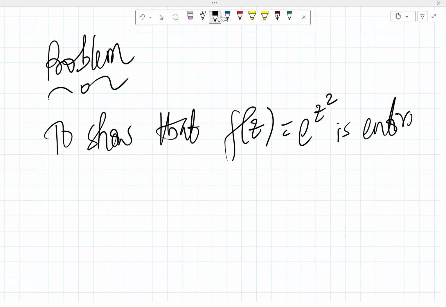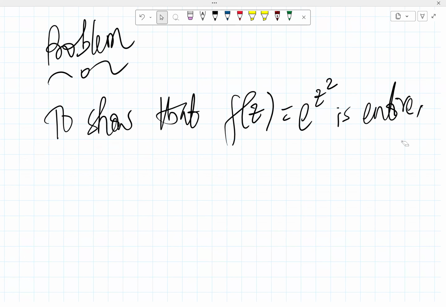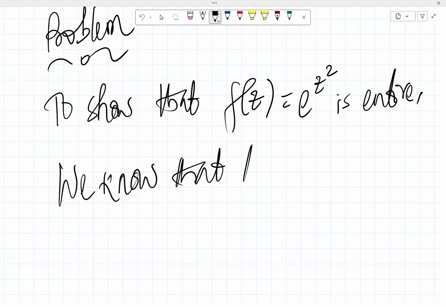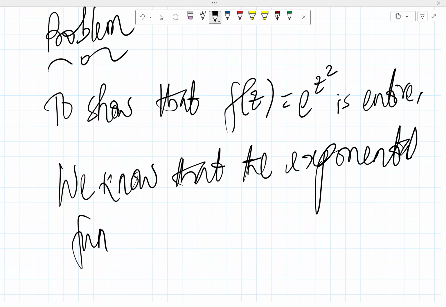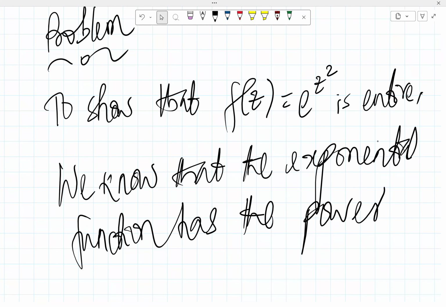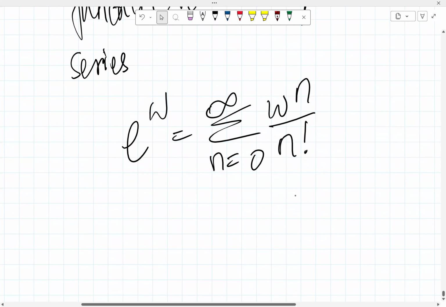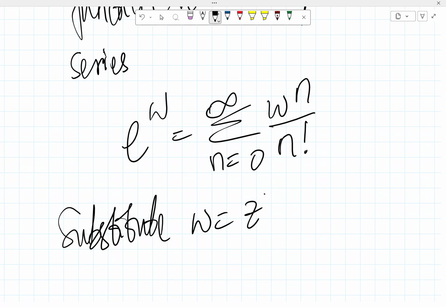So we know that the exponential function has the power series, e raised by w equals summation from n equals 0 to infinity of w raised to power n over n factorial. And we substitute w equals z squared.